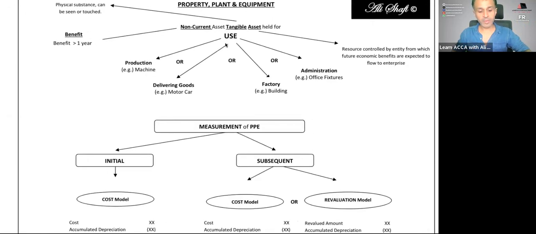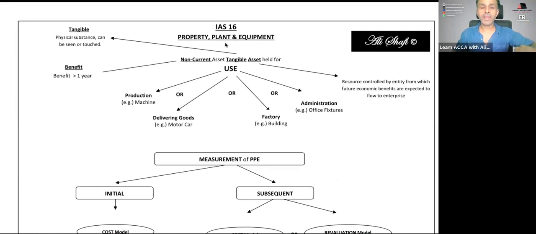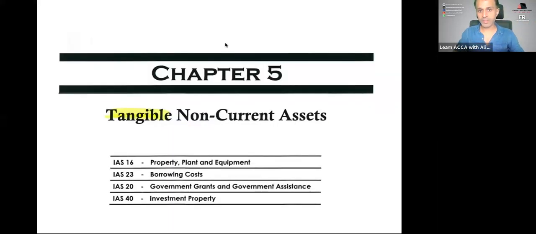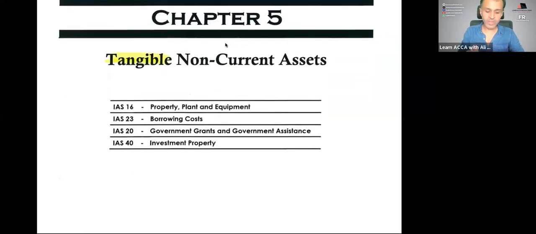This is the summary of property, plant and equipment, IAS 16. If I look at the face of this chapter that has 4 reporting standards, we will be focusing today on this topic only, which will be a revision for most of us, because you have done property, plant and equipment previously. The topics like depreciation, disposal of assets, revaluations, and all the related accounting.